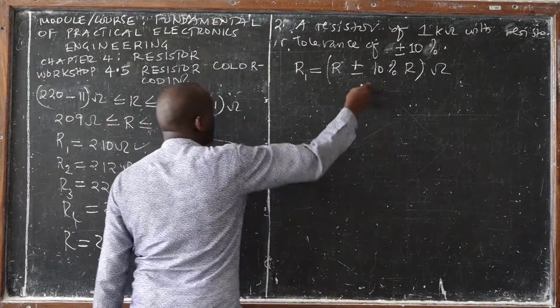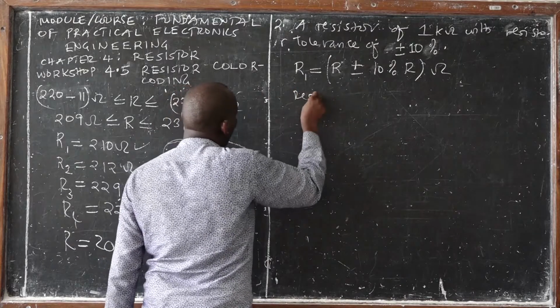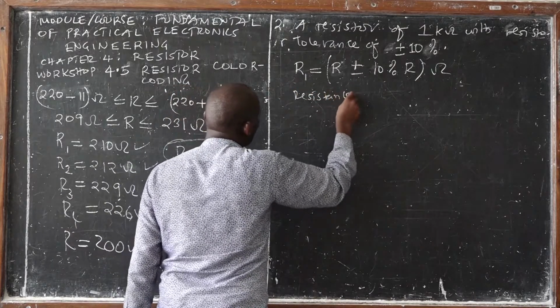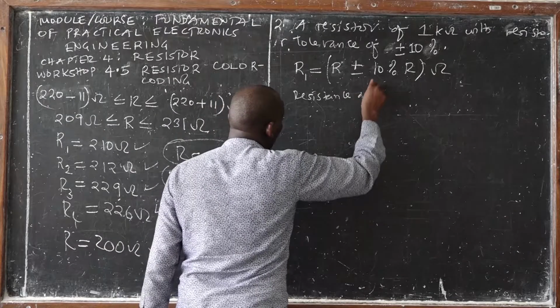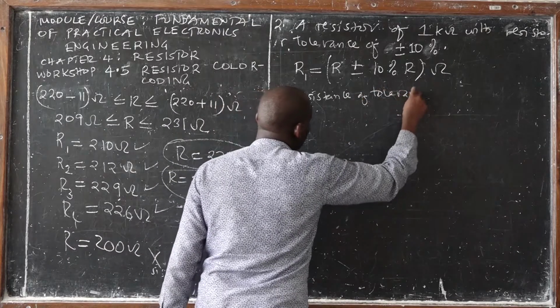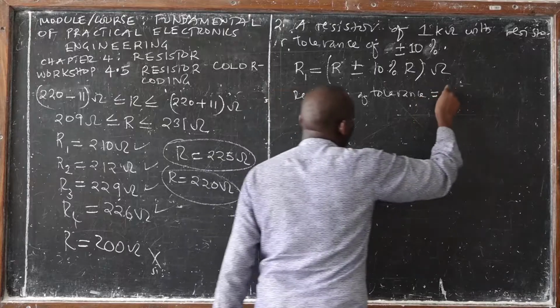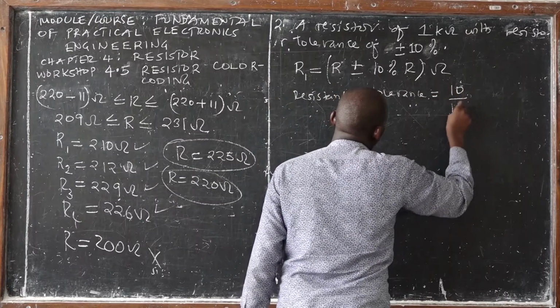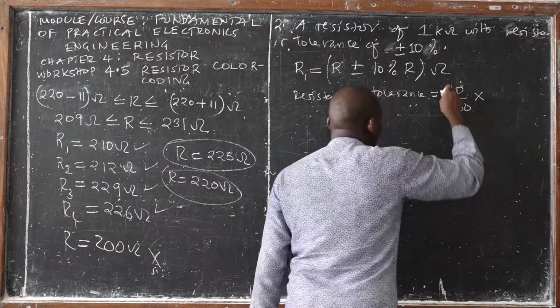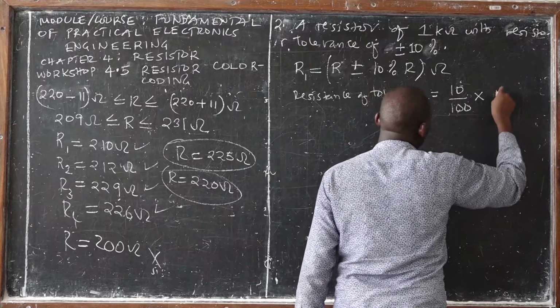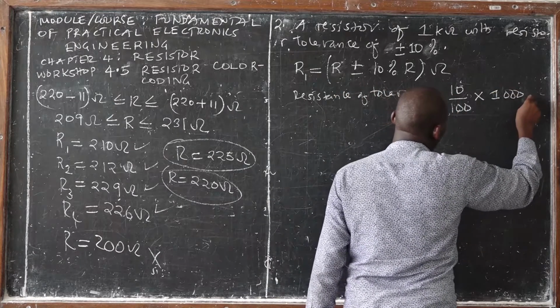So then let us compute the tolerance. The resistance of the tolerance is equal to 10% of its value. 10 over 100 times 1 kilo ohm, which is 1,000 ohm.